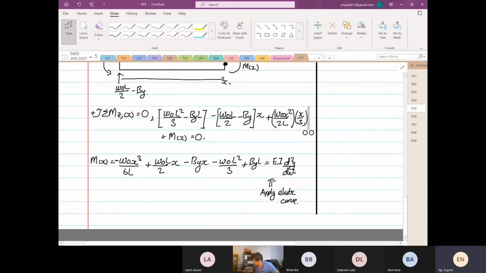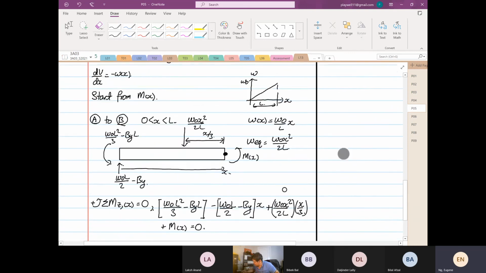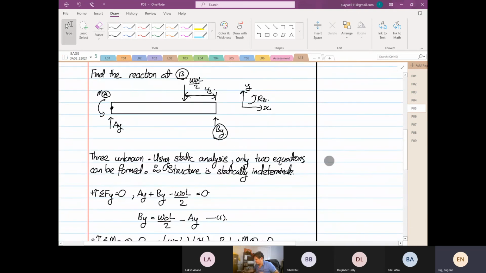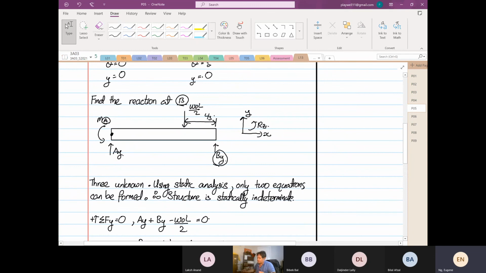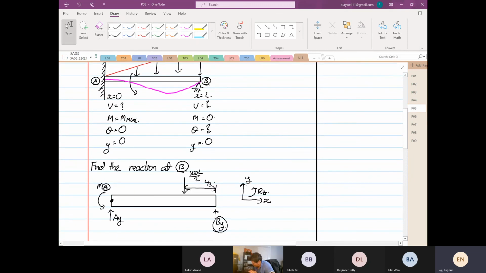Now, why do I do this? You can start like the previous example, by forming the equation, and you end up at the same point. Why I did this is because over here we have three boundary conditions: 1, 2, 3. Before that we only had one boundary condition.